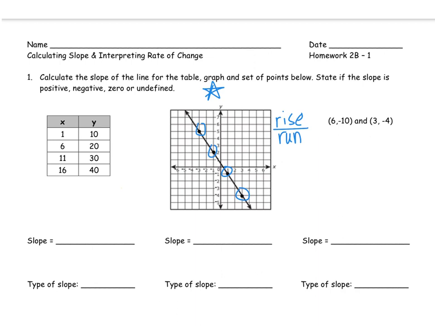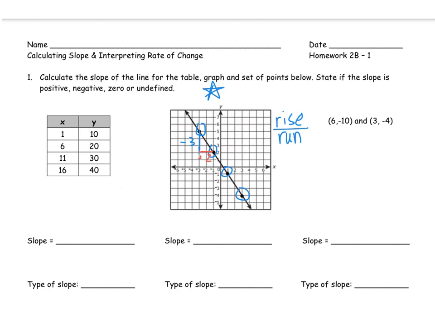So, rise is talking about our vertical direction, either up or down. So from left to right, from this point to this point, my rise is technically down 3 units. And then I'm going to go to the run, which is to the right 2 units. So I'm going down 3 units, over 2 units.